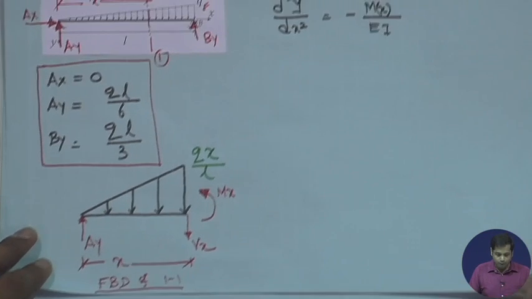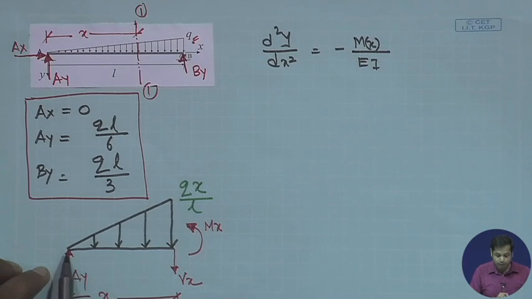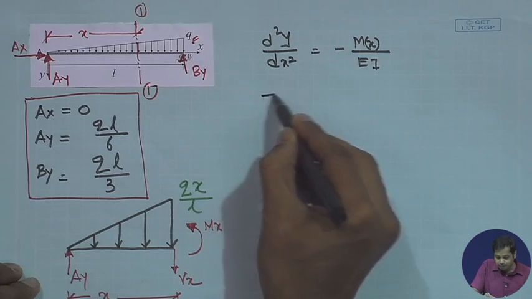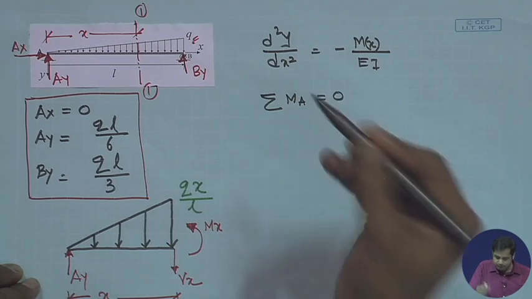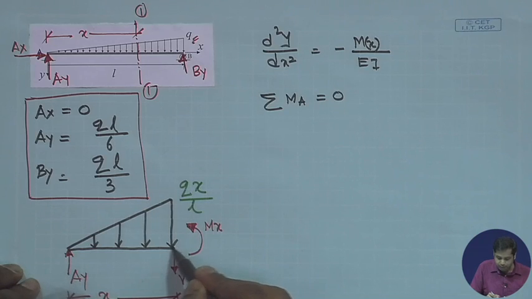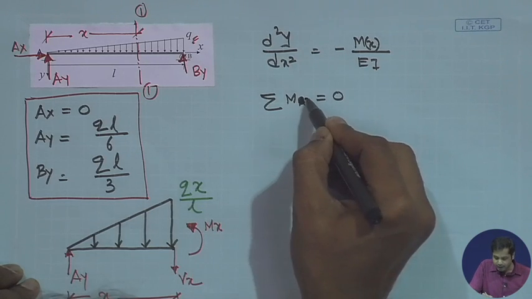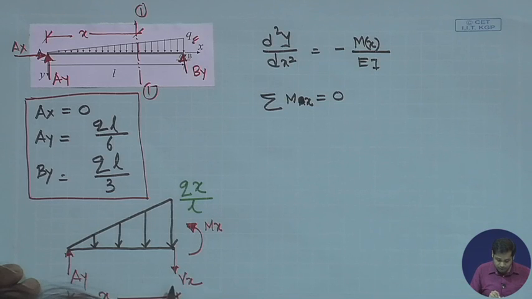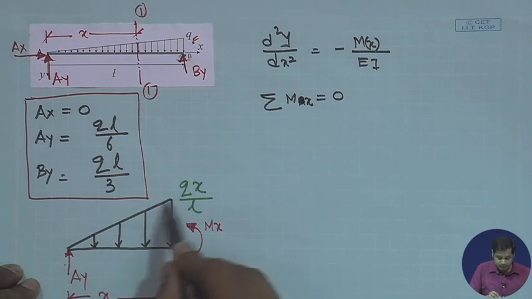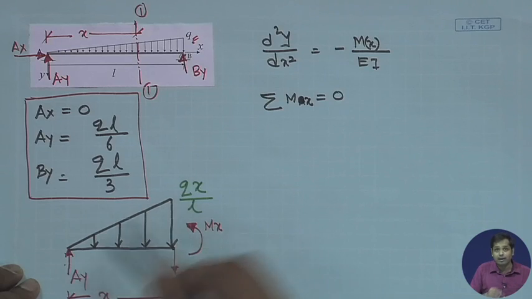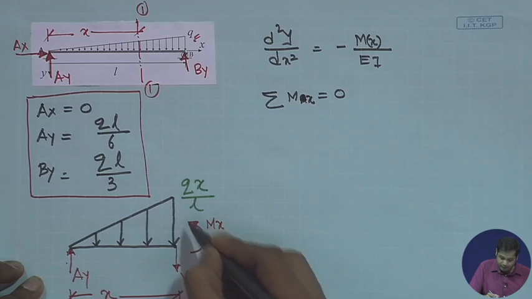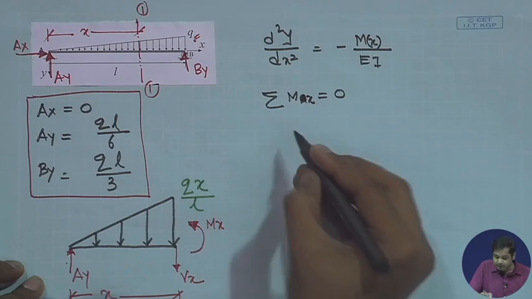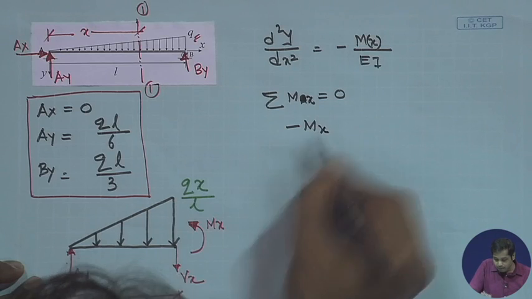Okay. Now from this free body diagram, if we take moment about this point at the section x equal to 0, the forces that contribute are Ay, the moment Mx, and the externally applied load. Mx is anticlockwise, so it is negative Mx.